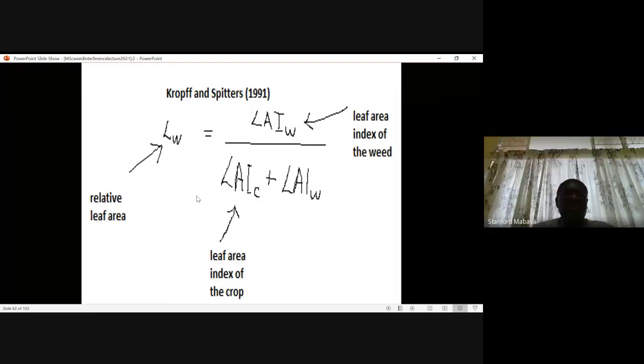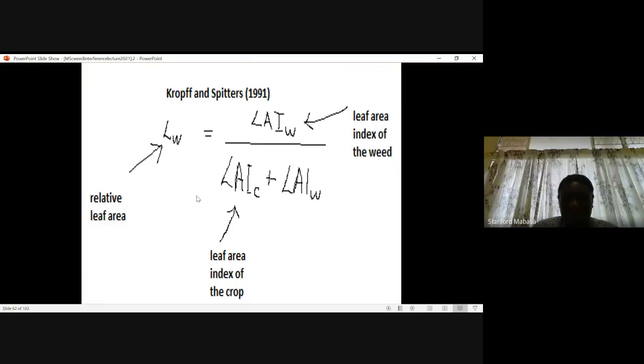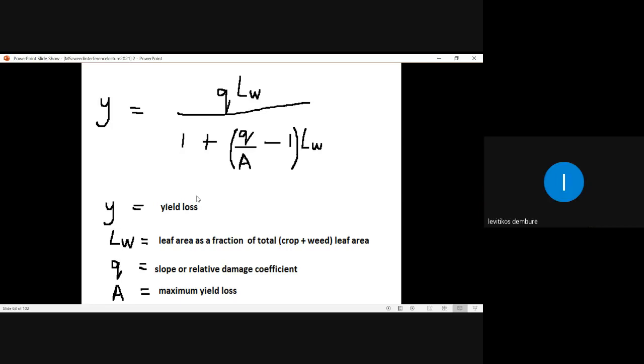So this was what was proposed by Croft, and now this sort of graph will be similar to Cousins.